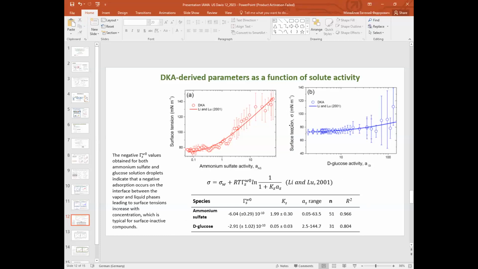And we have a good agreement with this model, and we see that the excess adsorption on the surface has a negative value. This indicates that both ammonium sulfate and glucose are surface inactive compounds, because when we increase concentration, the surface tension on the surface of the droplets increases dramatically.